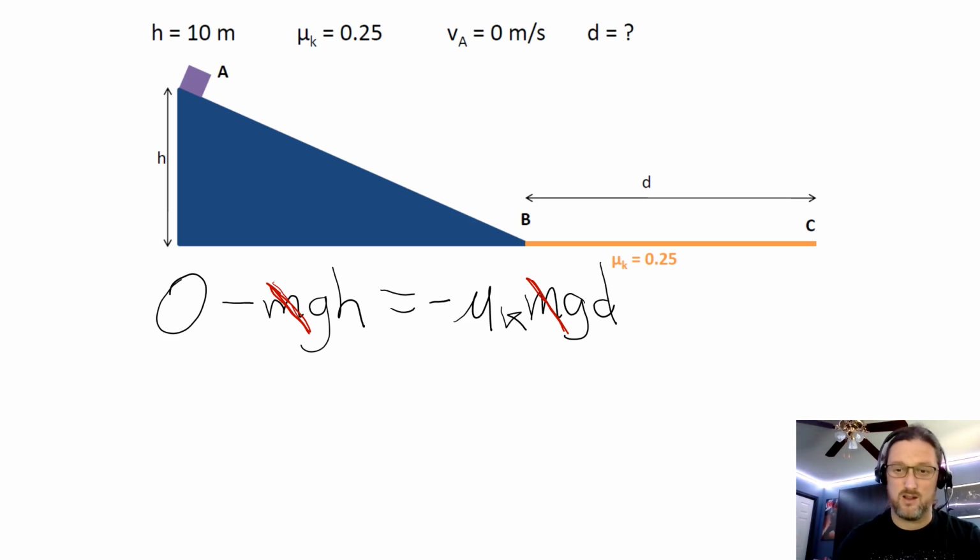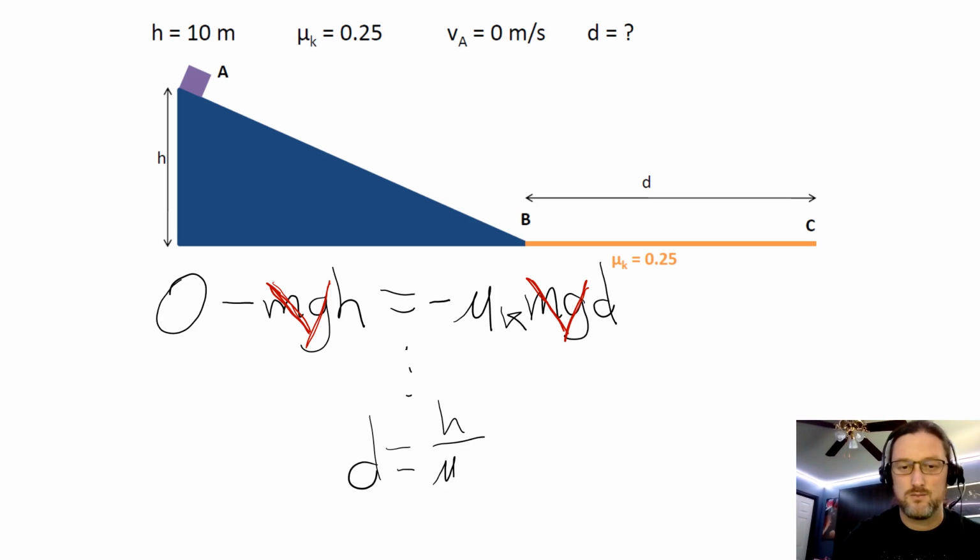Could have made an analysis of Newton's laws a little bit tricky, but it works out here. A little bit of math later. Oh, let's cancel out g as well. That'll go out. But a little bit of math later, I can get d equals h divided by mu k. That's 10 divided by 0.25, or 1/4. That's 40 meters.